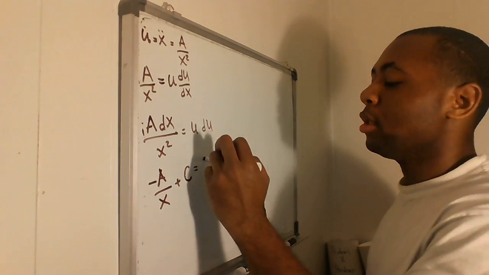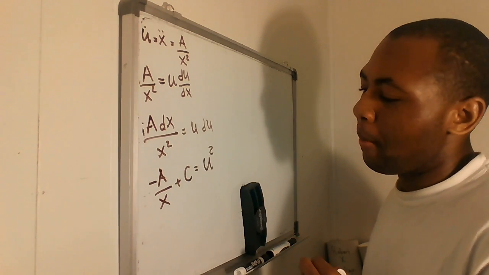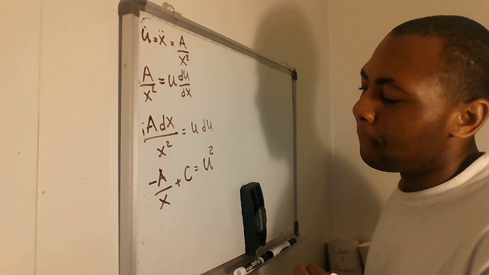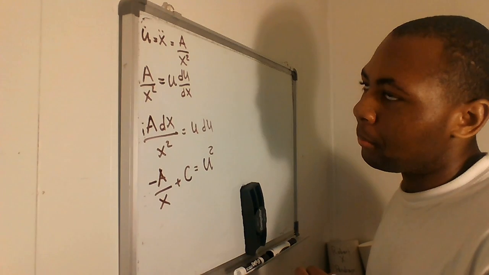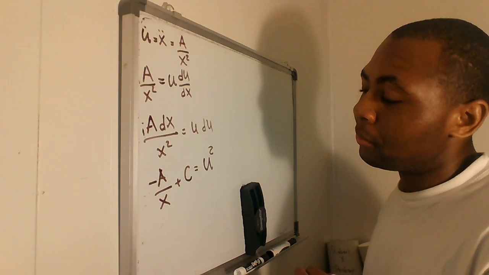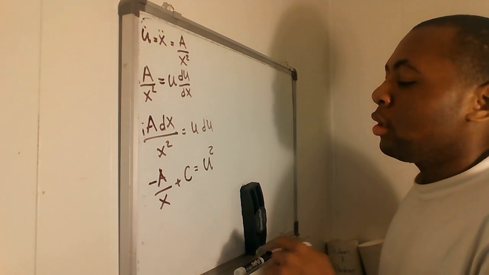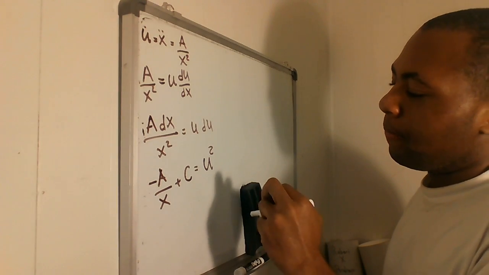Robert made a mistake. This is u squared. Actually, maybe not. So this is u squared.